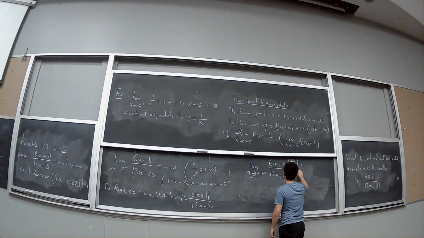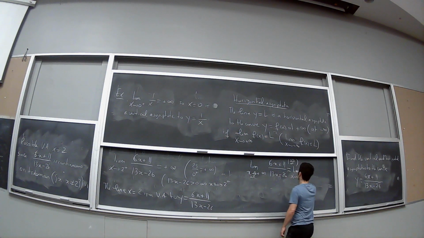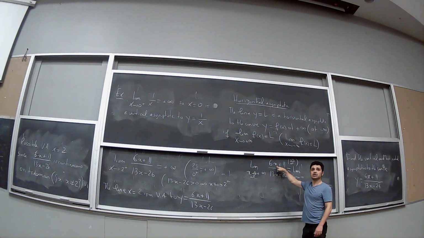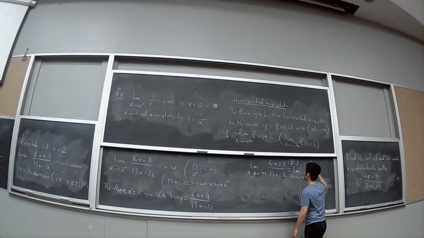What is the dominating term on top? 6x, right? The x. The dominating term on the bottom? X, right? So let's factor an x out from the top and from the bottom.